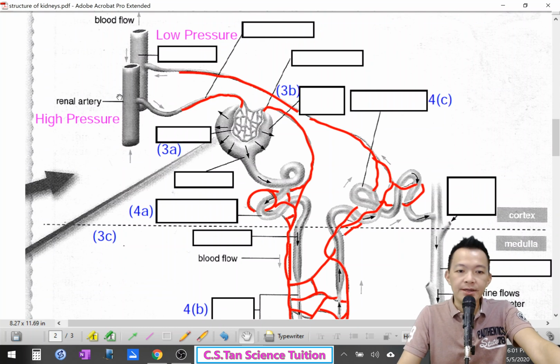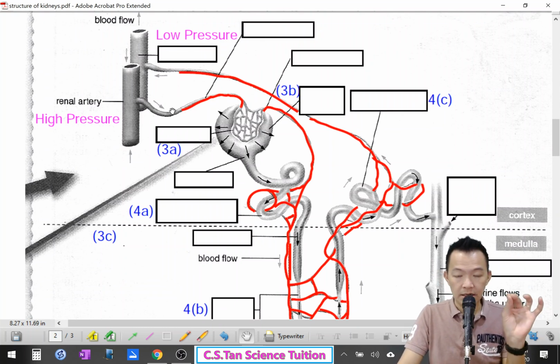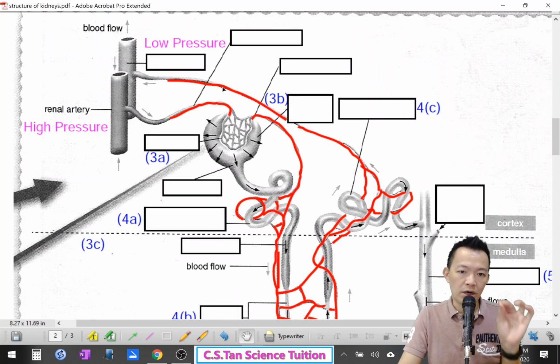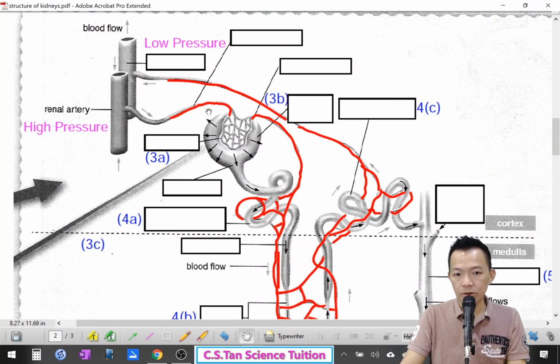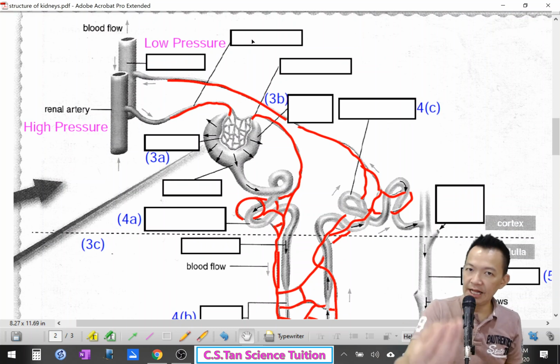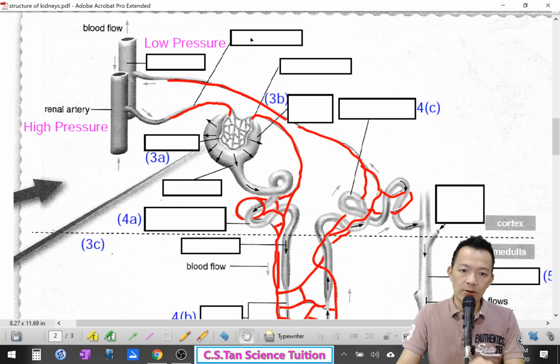So after that, the renal artery will be separated into a lot of smaller branches, and all the smaller branches with high pressure here we call it as what? 这种小小的动脉, so actually we call arteriole, 小动脉, but this is the afferent arteriole, 进来的小动脉啦, afferent 就是进来的啦, arteriole 小动脉.